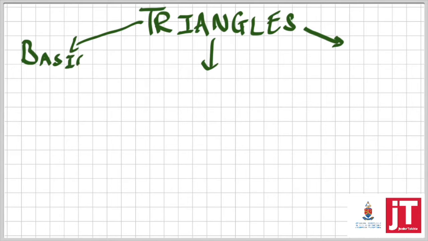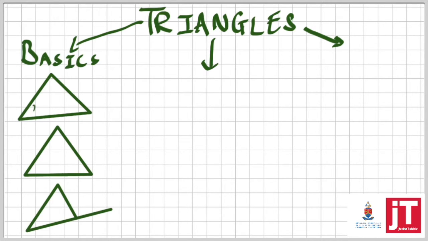When we talk about the basics of triangles, it's those theorems like the first one, which says that x plus y plus z must be 180 degrees. Now it's not really a theorem as much as it is what we call an axiom, which is a statement we assume, but we've never really proven it.